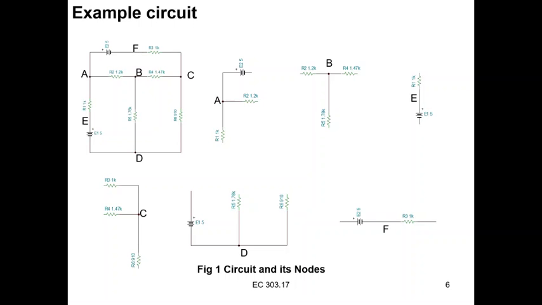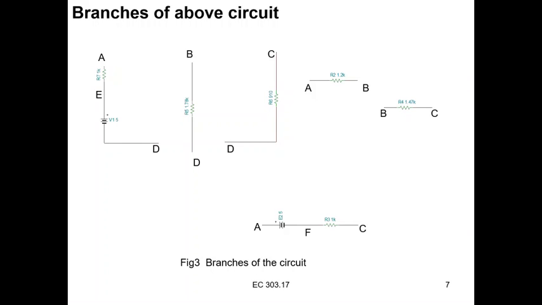And E2.5 and R3 are connected between the nodes A and C, that is another branch. And R5 1.7K is connected between B and D, and it is another branch element.